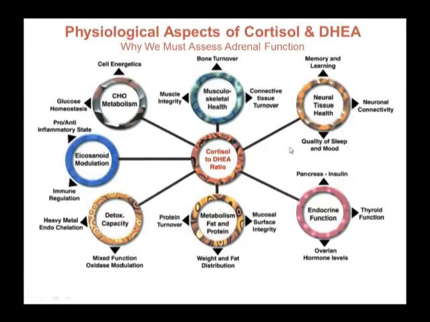Now this chart here just sort of breaks it all down for you, in the fact that it's the balance of cortisol and the balance of this chemical DHEA, and the ratio balance that is involved in keeping all of these different systems happy and healthy. So we can see that the adrenals have an influence on controlling inflammation, on immune function.